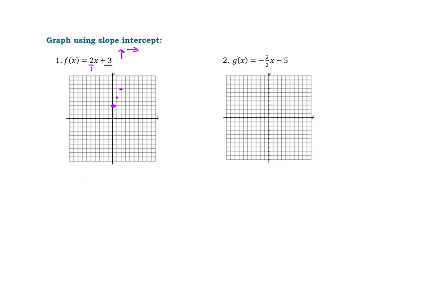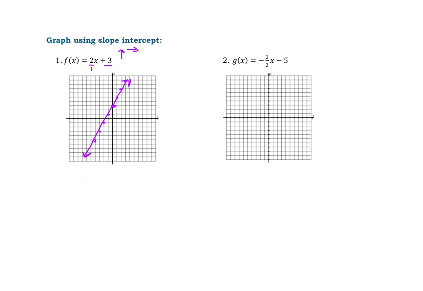Up 2 over 1, up 2 over 1. And to go down, I would go down and to the left to keep that line looking positive. And that would be its graph of y equals 2x plus 3.